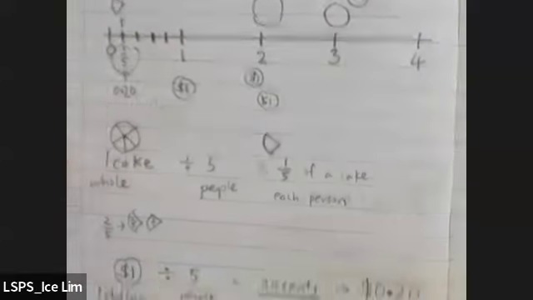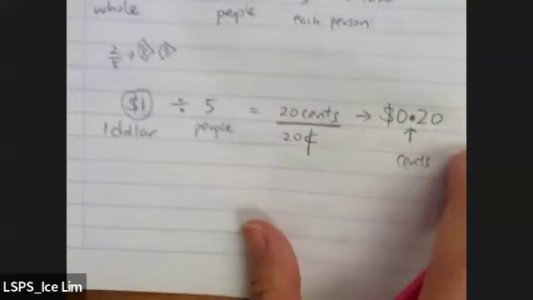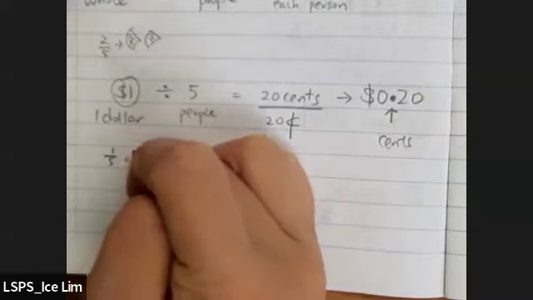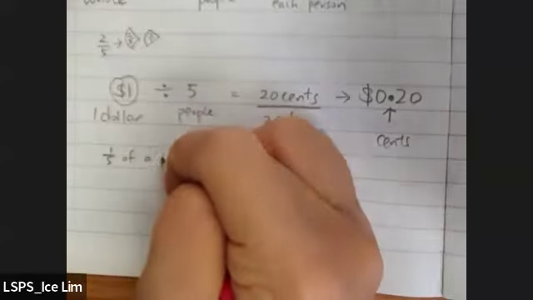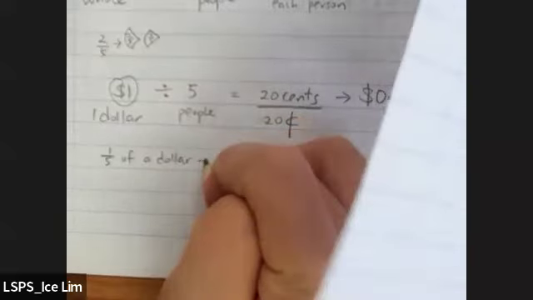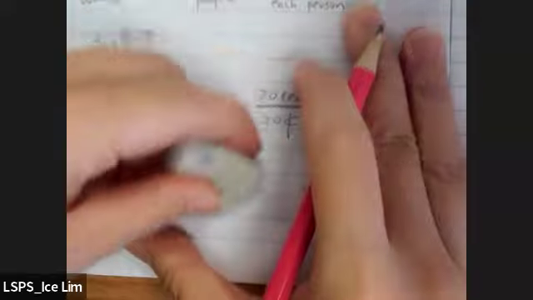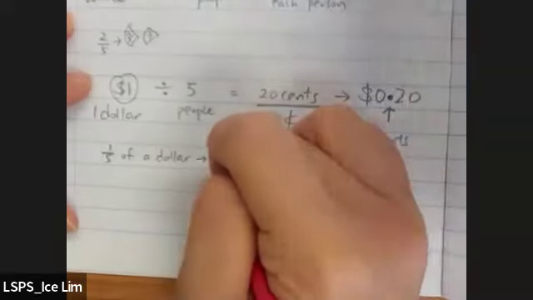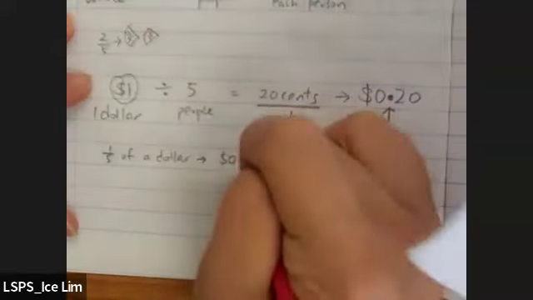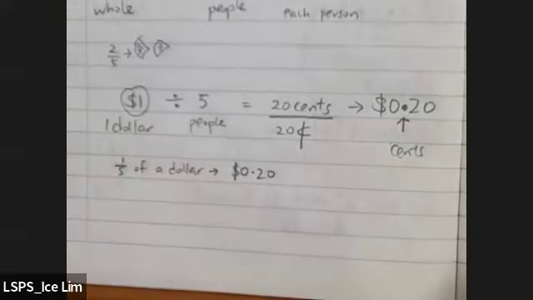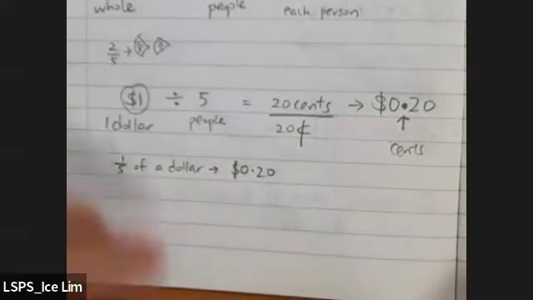In other words, I can say 1/5 of a dollar gives me 20 cents. Does it make sense? Is it okay?